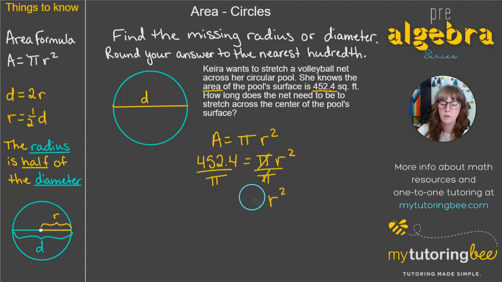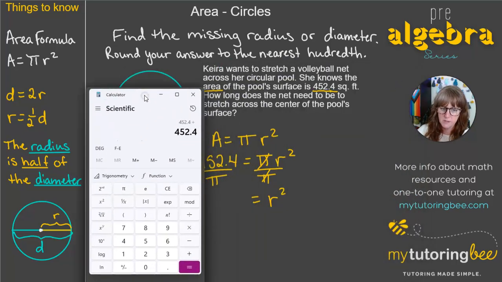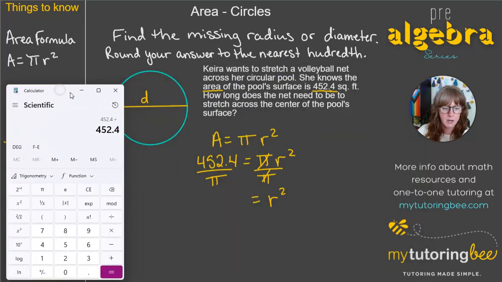That gives us r squared equals, let's see what this gives us, 452.4 divided by pi. And so then we get 144.00339, and it goes on forever.